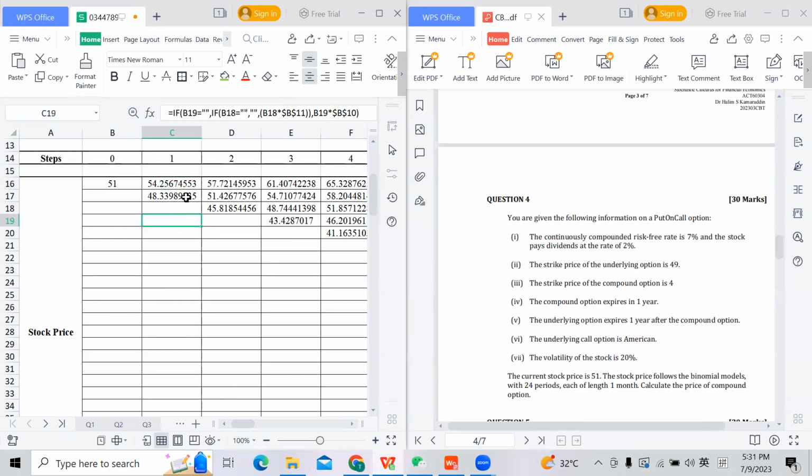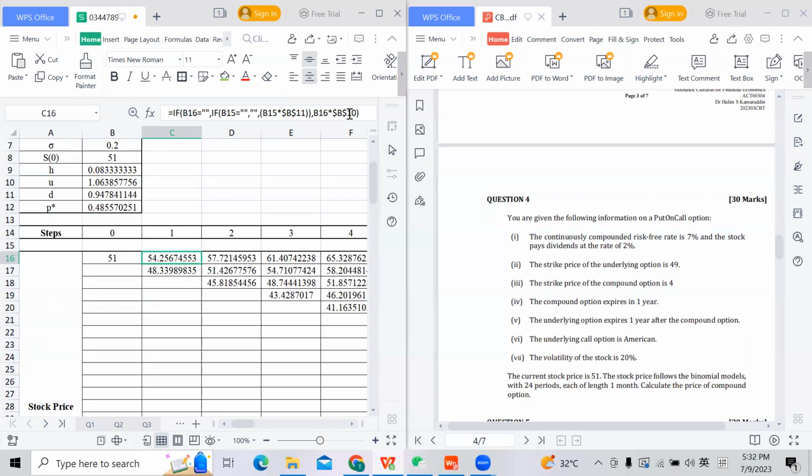I'm using an Excel formula: if B16 is blank, then if B15 is also blank, the cell stays blank; otherwise B15's value is multiplied by d.